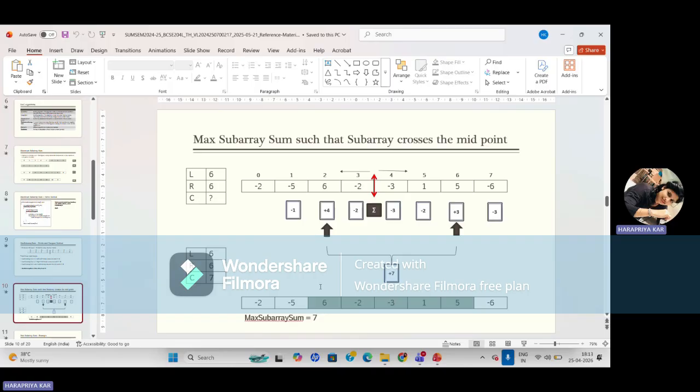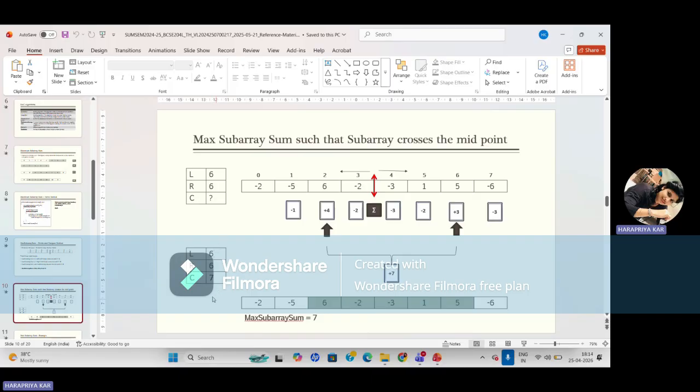We do this for the maximum sub-array sum. Once we sum up, we get the maximum sub-array sum equal to 7. You can also check the maximum sub-array sum from all three, and whichever is the maximum, we take it. So here 7 is the max, and we take it.